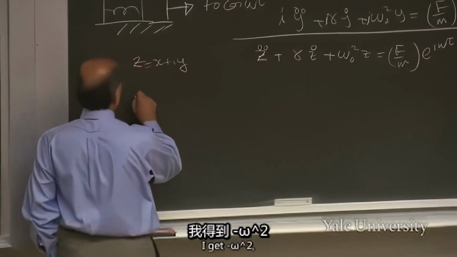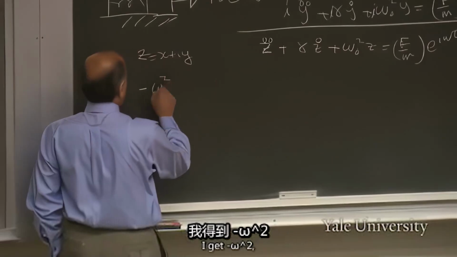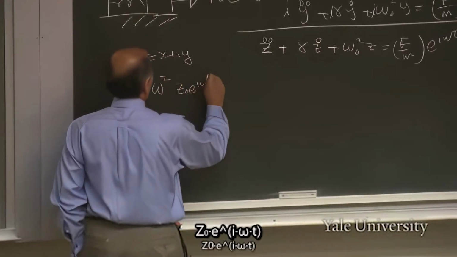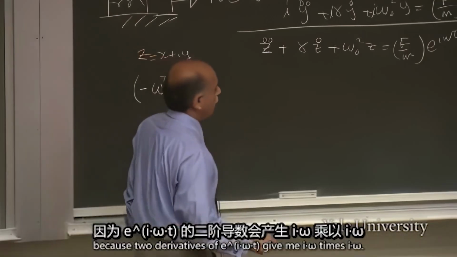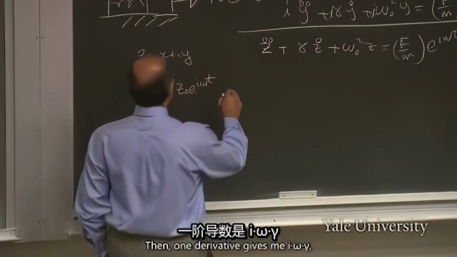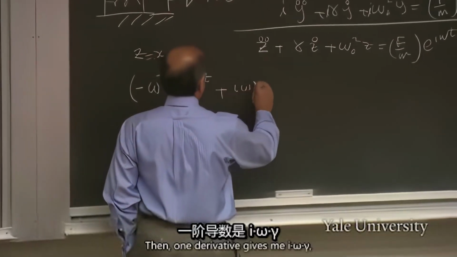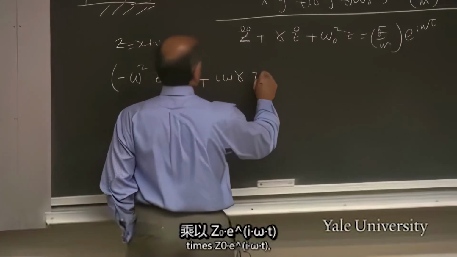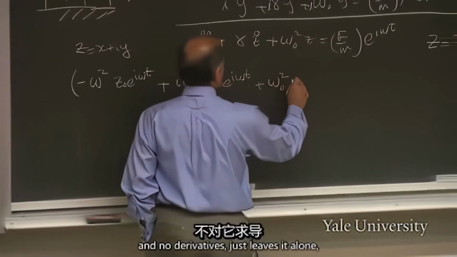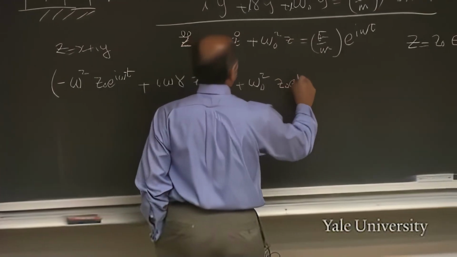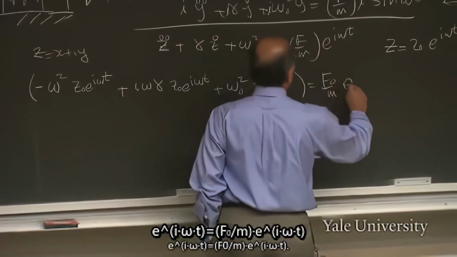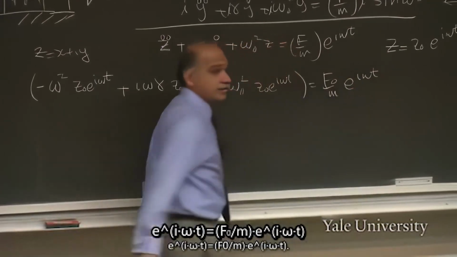I get minus omega squared z naught e to the i omega t, because two derivatives of e to the i omega t give me i omega times i omega. Then one derivative gives me i omega times gamma times z naught e to the i omega t, and no derivative just leaves it alone. Omega naught squared z naught e to the i omega t equals f naught over m e to the i omega t.